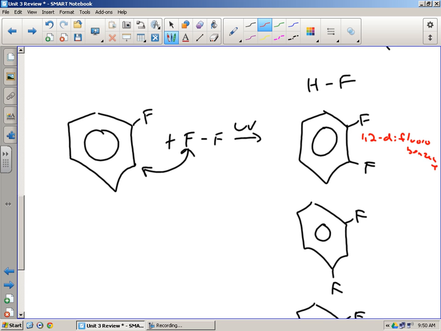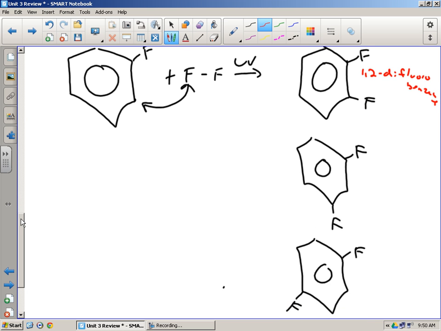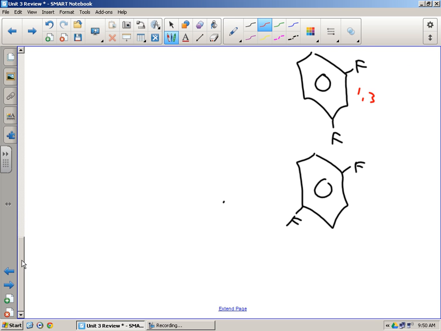I'm going to cheat a little bit here. So 1,2-difluorobenzene for that one. This one would be 1,3-difluorobenzene. And of course this one would be 1,4-difluorobenzene.